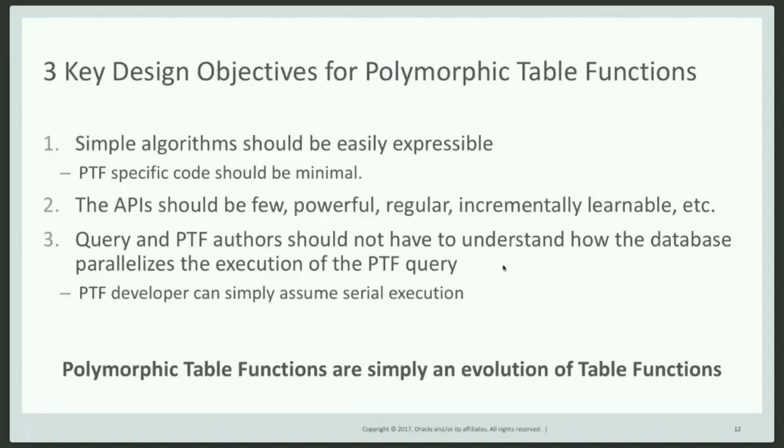As far as you're concerned, if we take parallel execution as an example, if you're a developer or a DBA writing a polymorphic table function, you can just assume that everything is going to be running serial execution.